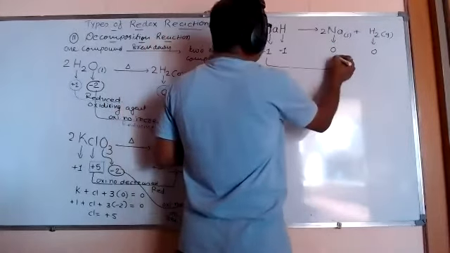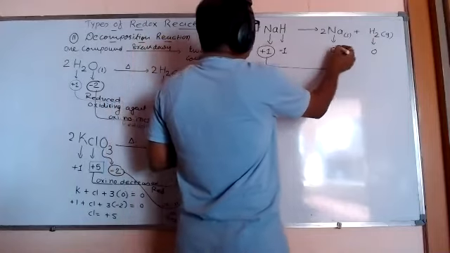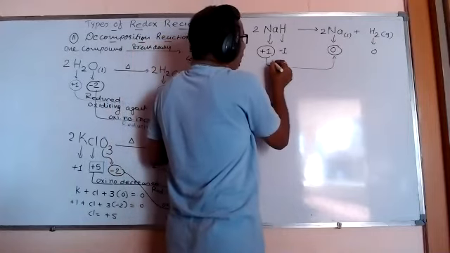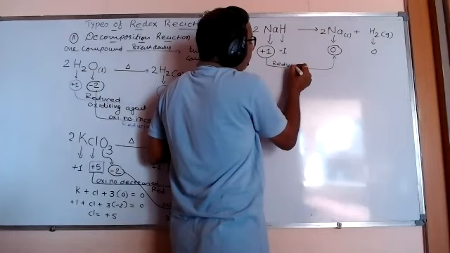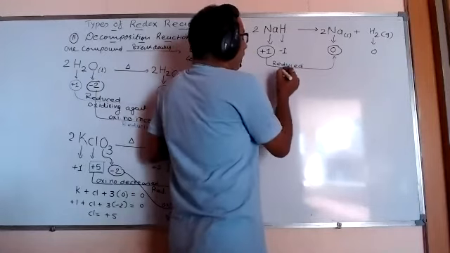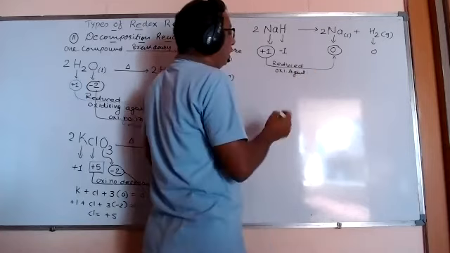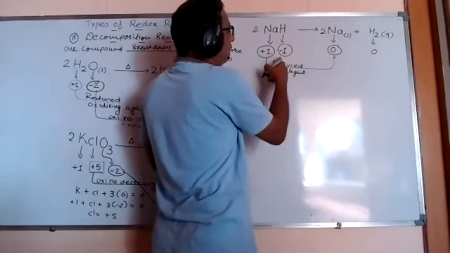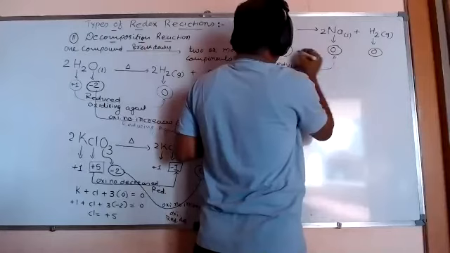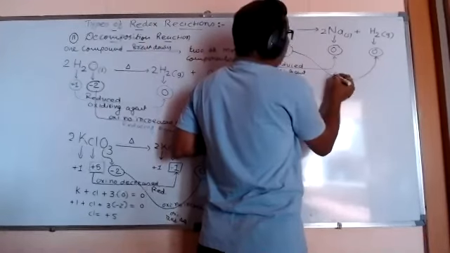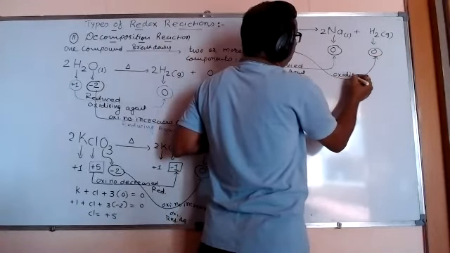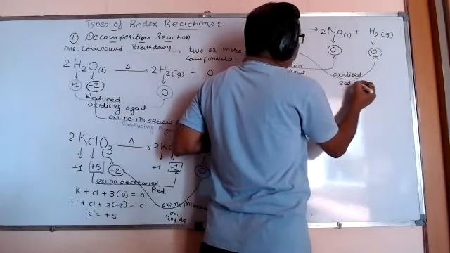So the oxidation number of sodium goes from +1 to 0, it is reduced and it is the oxidizing agent, as well as hydrogen here -1 to 0. You can see it is oxidized, it is the reducing agent.